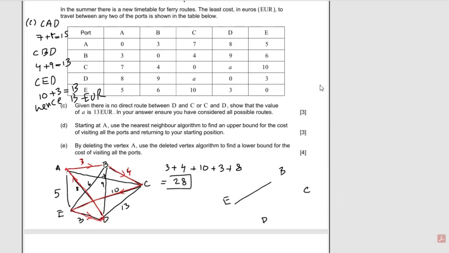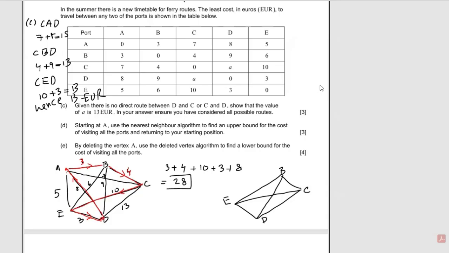So let's connect the graphs like they were. And all the branches that were starting from A are disconnected now. But there is a branch between C and E and B and D. So where did A and all its branches go? It's deleted. But in the end, you will use the two smallest branches which are coming out of A, add them, and that's going to be the lower bound.